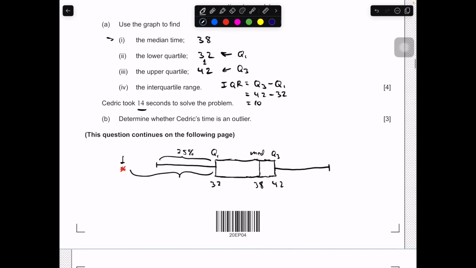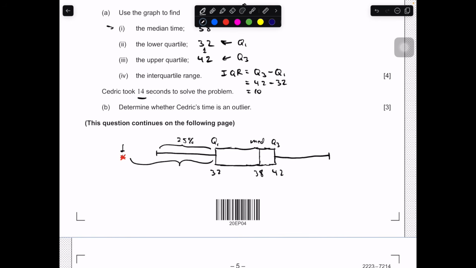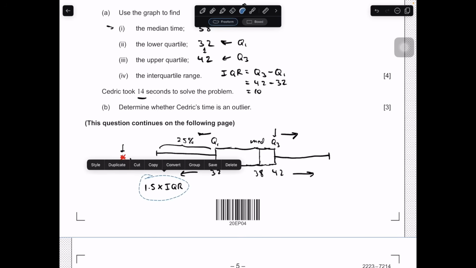To do that, we have a formula: how do we tell if something's an outlier? If it is more than 1.5 times the IQR, our interquartile range, above Q3 or below Q1. Essentially, these whiskers themselves are only going to extend 1.5 times the IQR.